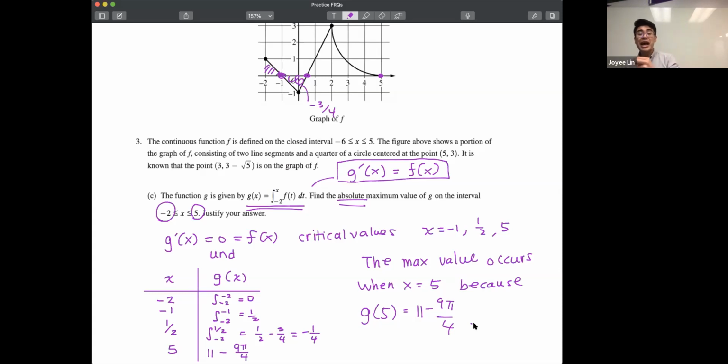When you're doing an absolute maximum or absolute minimum, you want to do a t-table and you want to plug in values into your normal function, not your derivative. So keep that straight. If you want to do a number line test, you will plug in your critical values into your derivative. If you want to do an absolute test, you're going to plug in the numbers into the regular function. That's a really, really good question there.